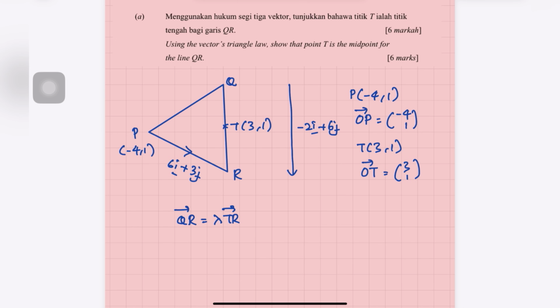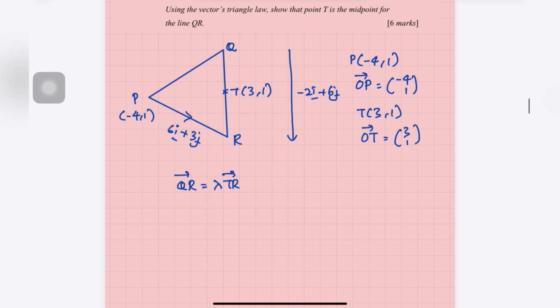Okay, so then we are going to use all this information. Okay, so QR is given from the question. QR is -2i plus 6j. Tapi saya tukar kepada kolom vektor -2, 6. Okay, lambda TR. Okay, so TR we can use triangle law.